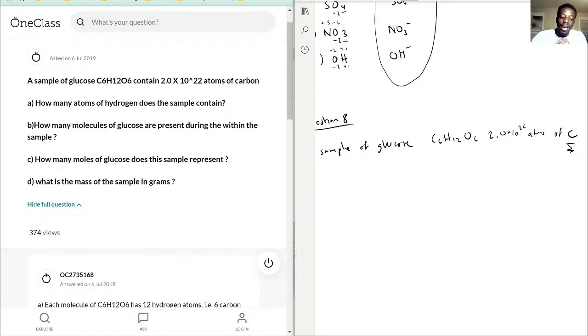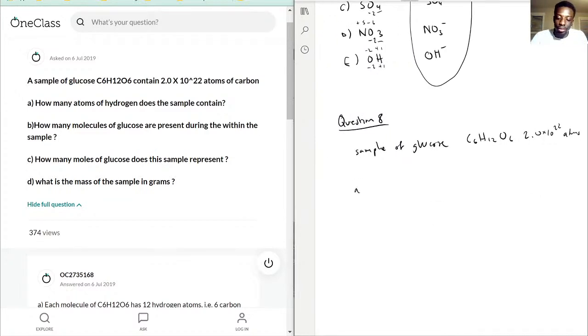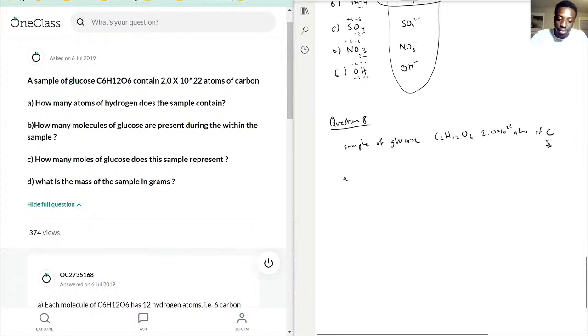How many, actually just put A, B, and C here. How many atoms of H? How many molecules of glucose?